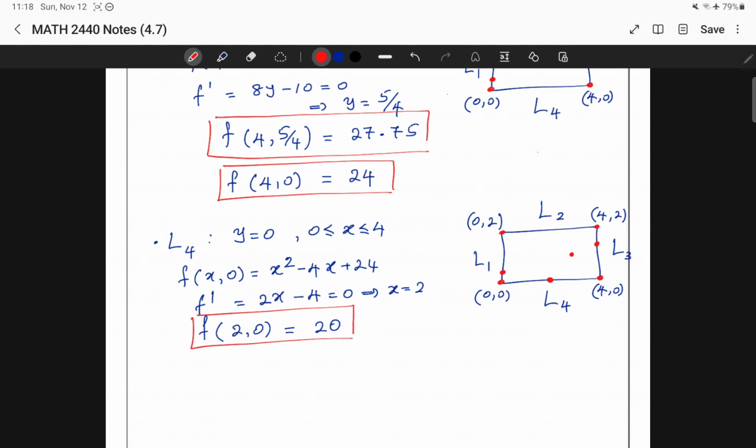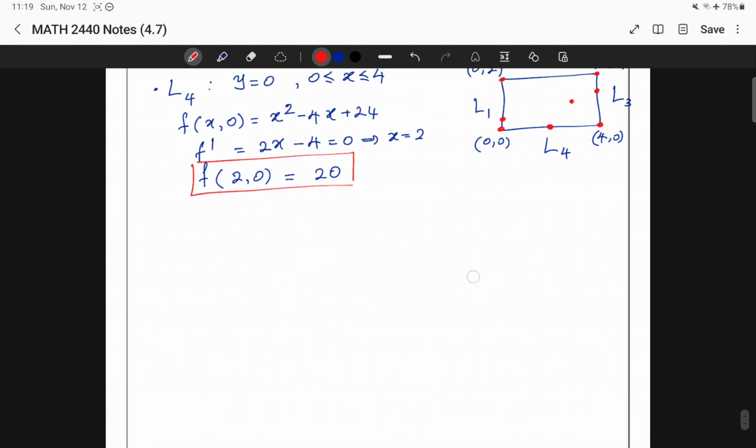Now we are done with all the critical points and special points on the boundary. Now we found the function values of each of these points. So let me draw a summary here.